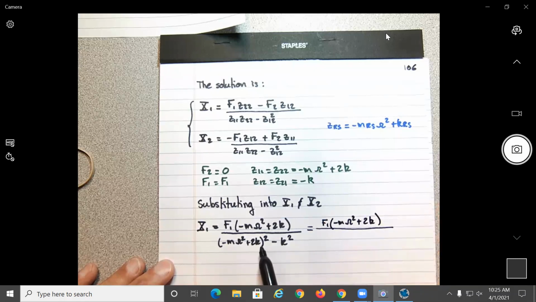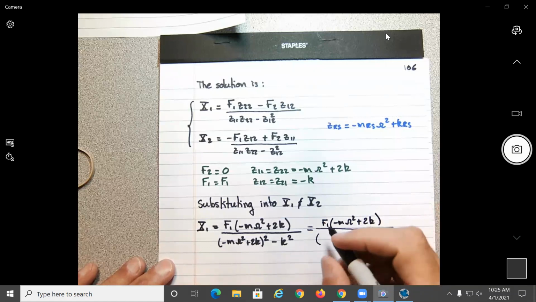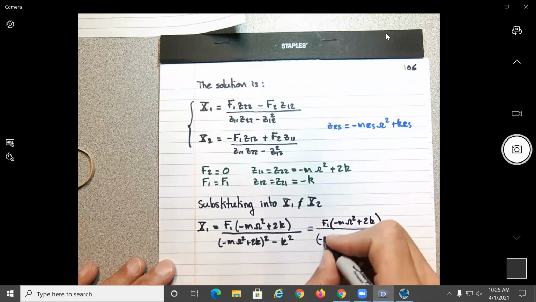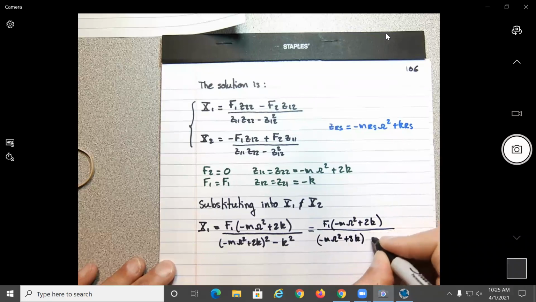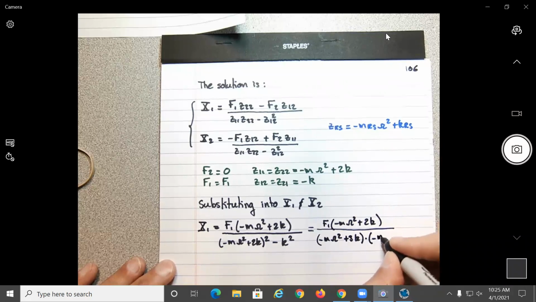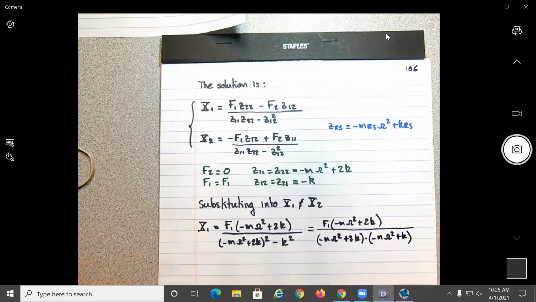But after you expand the square and simplify, you end up with the quadratic equation, where the two roots would be, so you basically can write the denominator as minus lambda square plus 3K times minus lambda square plus K. Yeah, I mean, it's just algebra. You need to develop this and then solve for the two roots of the quadratic, no?